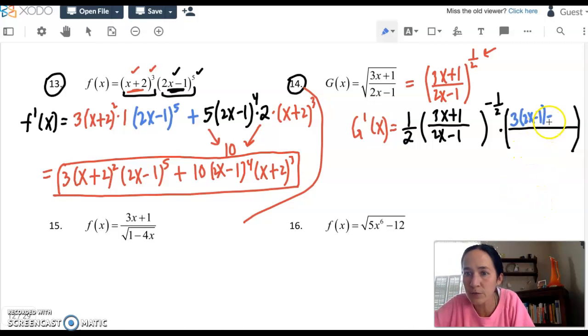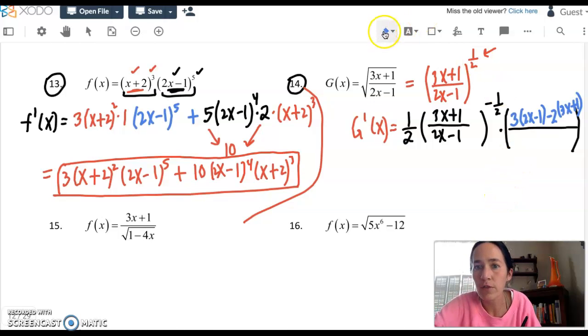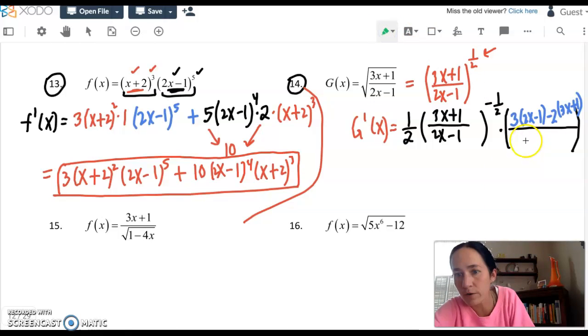Okay. Minus because we're in the middle of a quotient rule. Now derivative of the bottom, which is just 2, times the top normal, so times the 3x plus 1. I could barely squeeze that in there, but we'll simplify it in a second. All over the original denominator, but squared. So this will be 2x minus 1 squared.